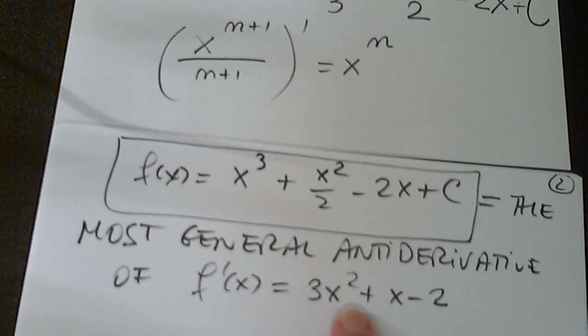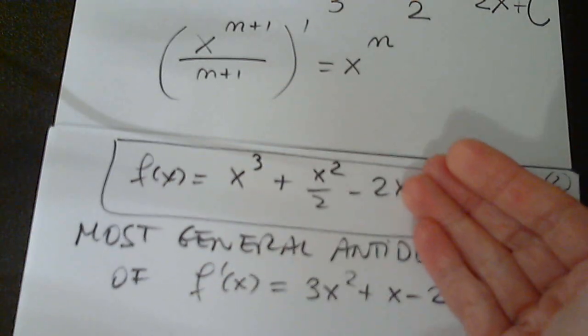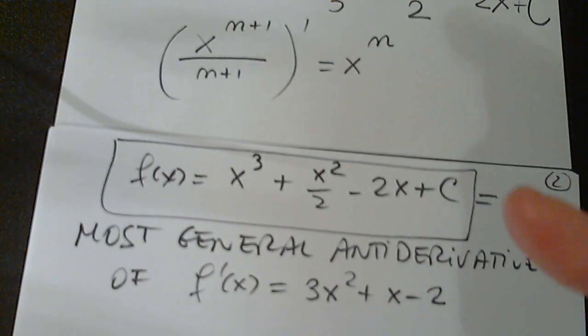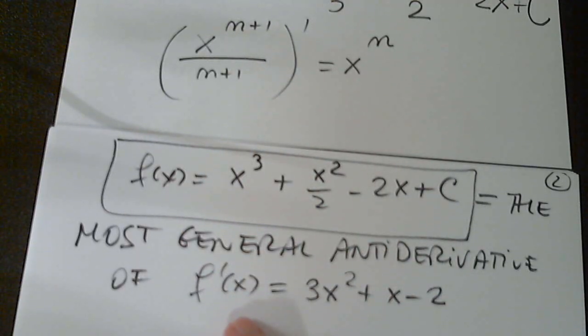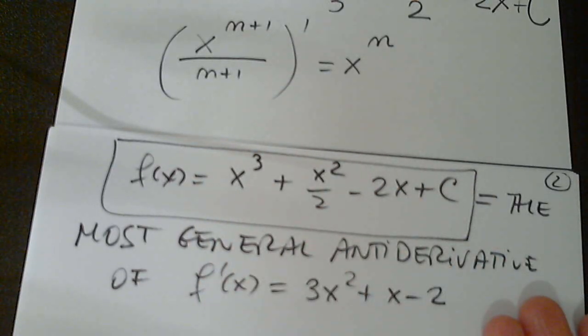So notice that we are going backwards, so to speak. We are given a function, and we are trying to determine which function has this derivative. In the past, up until now, we were given a function, and we were asked to find the derivative. Now we're given the derivative, and we're asked to find either the most general antiderivative or a specific antiderivative.